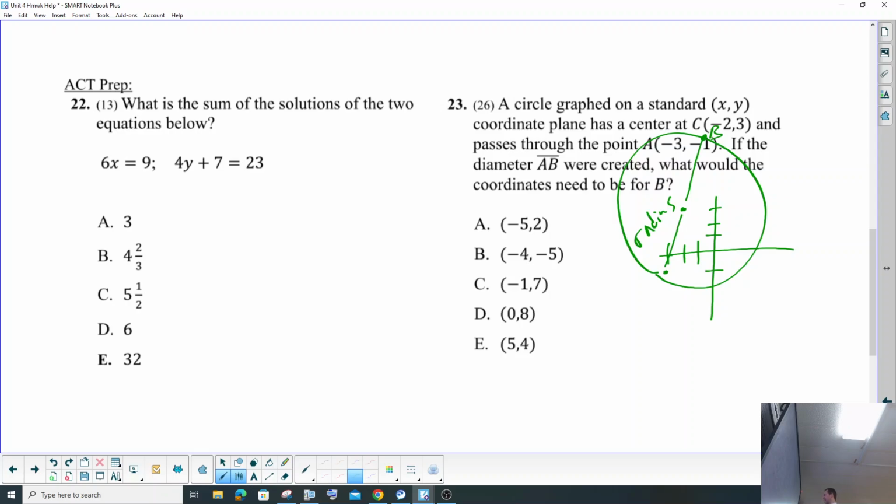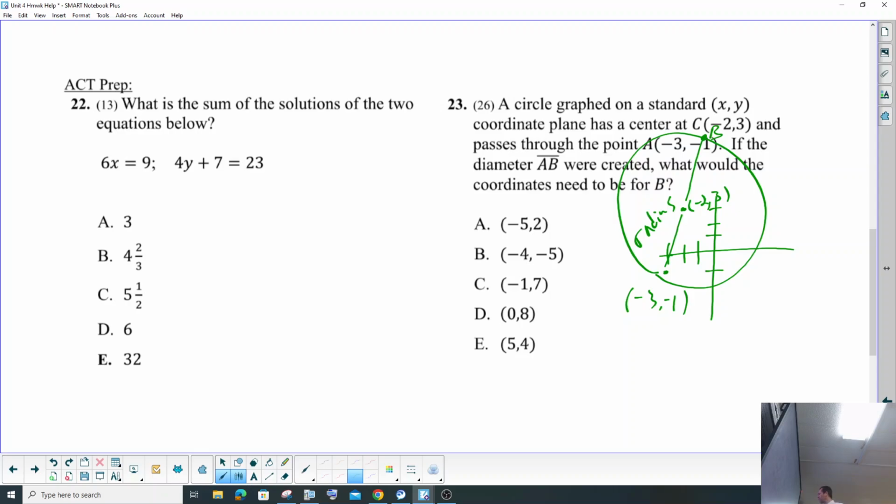Well, this is -3, -1: left 3, down 1. This is left 2, up 3, the center. And so we want to find that distance. Let's use the distance formula. Maybe you could even count it off. I think you could count it off.